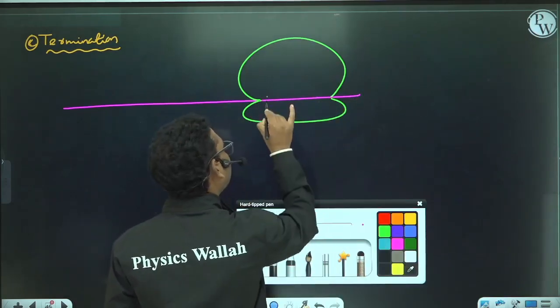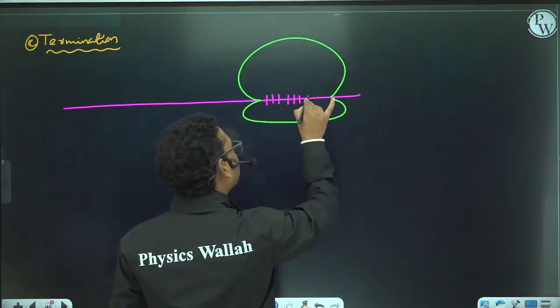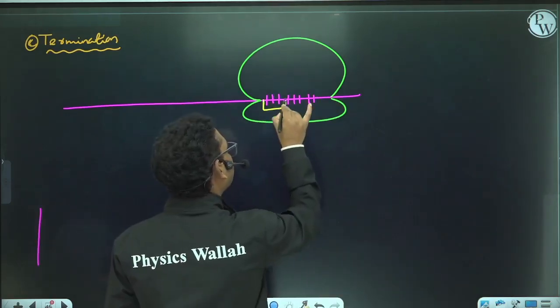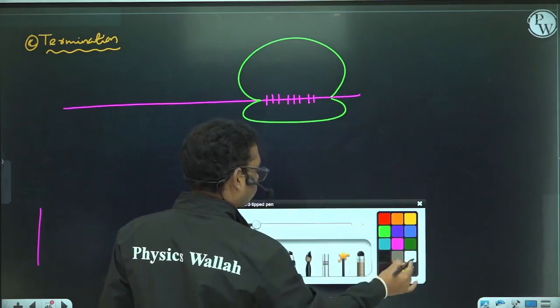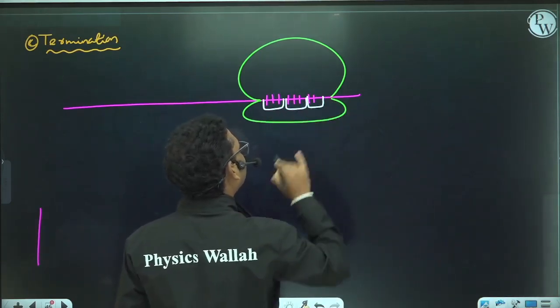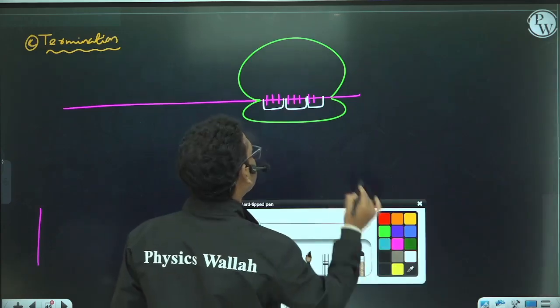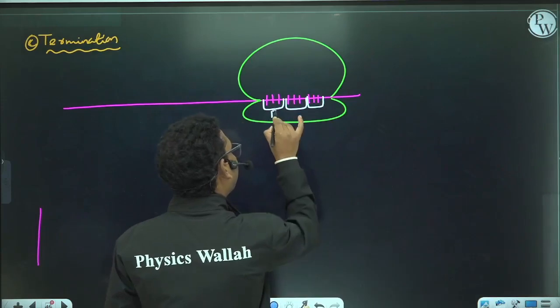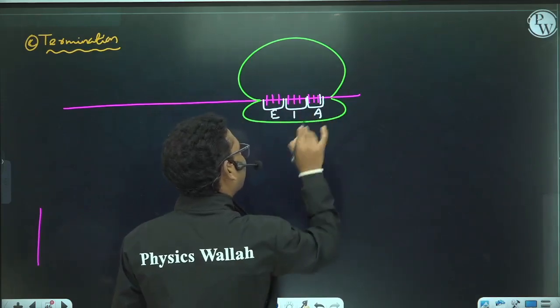And suppose these are the nucleotides. This is E side, P side, A side.